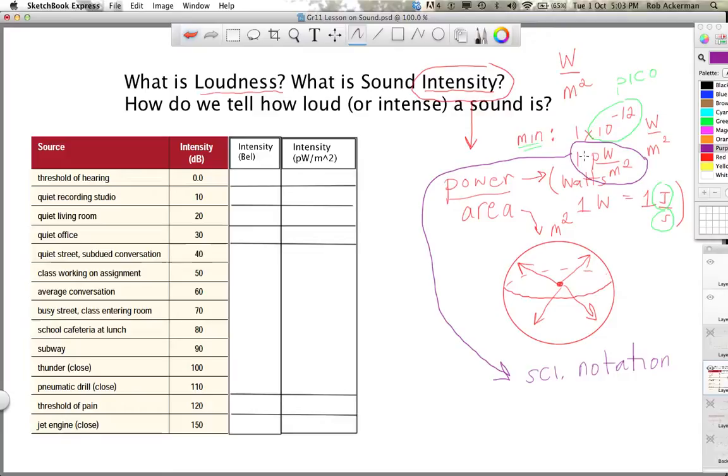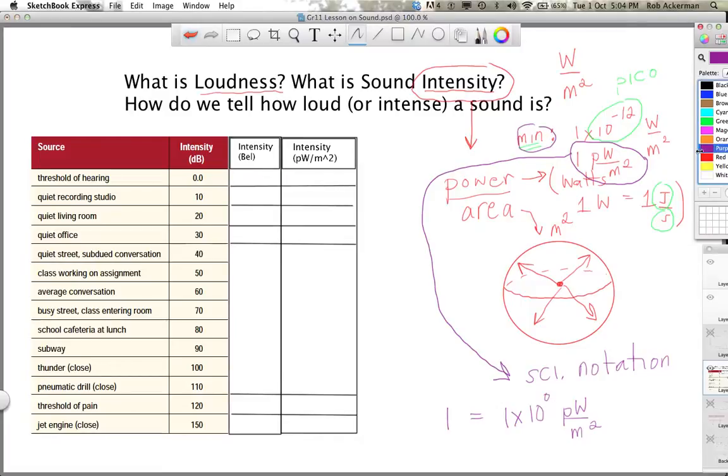The number 1, written in scientific notation, can be written as 1 × 10⁰. You agree? 1 × 10⁰ is equal to 1. So this is how we write the picowatts per square meter. And why do we do that? Because this is the threshold of hearing, the minimum sound that you can hear.